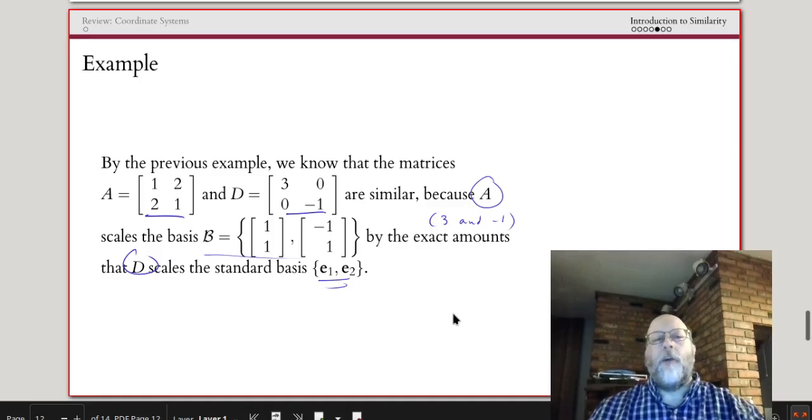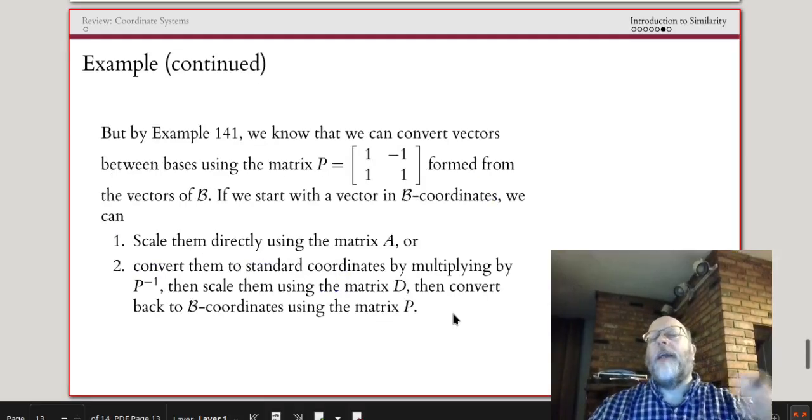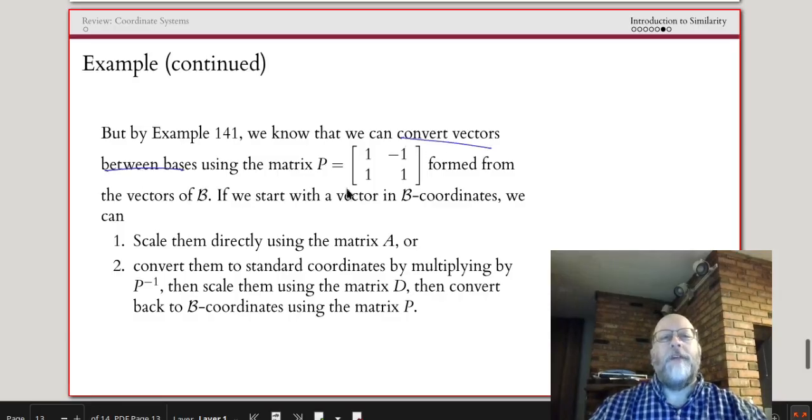So A and D are doing the same geometric thing, but they're doing it to two different bases. But by the example we did at the beginning today, the review example, we know that we can convert vectors between bases using the matrix formed from the vectors of B.